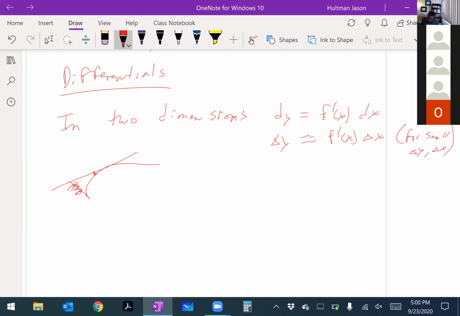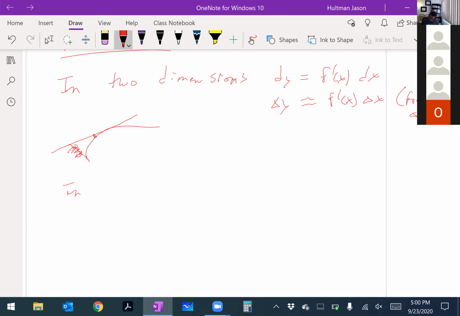Okay, in 3 dimensions, dz is equal to f sub x of xy dx plus f sub y of xy dy.